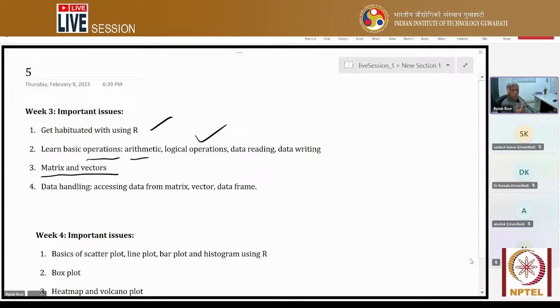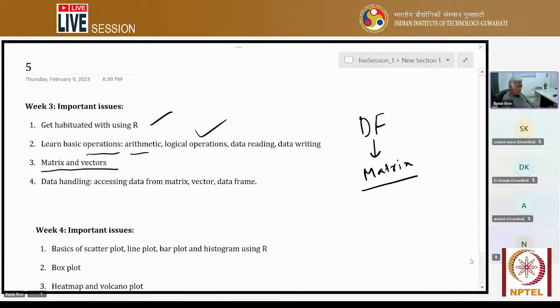Most of the time in R, we have a data frame. But many functions that you will encounter in R will not take a data frame, they will take only a matrix. So I have to convert the data frame to a matrix. All these elementary things you will learn in week 3: how to handle a matrix, how to create a matrix, how to create a vector, how to multiply, add, all these things.